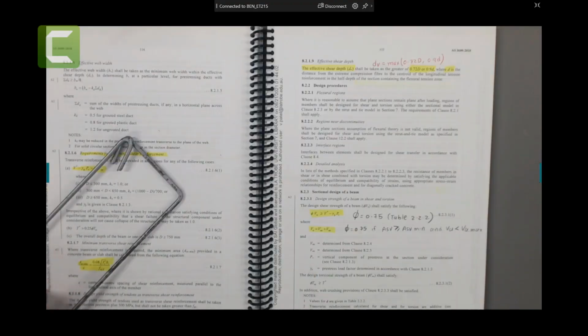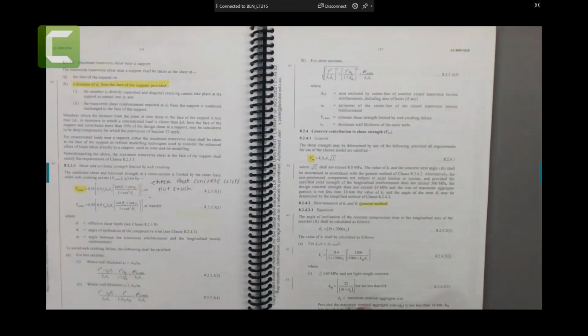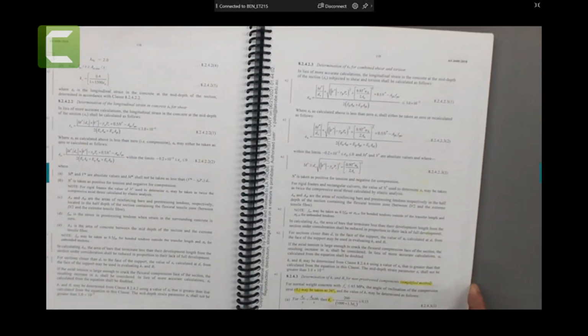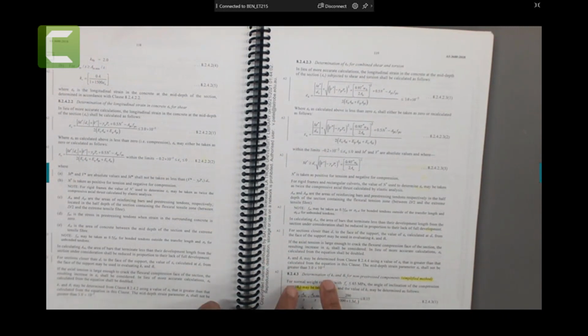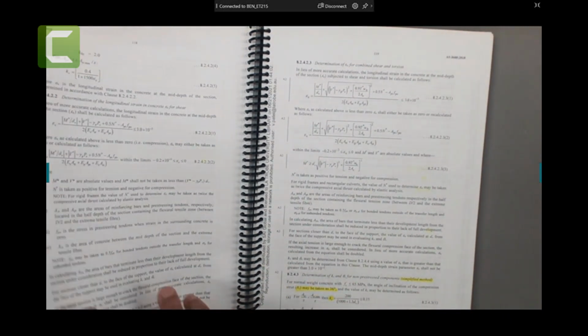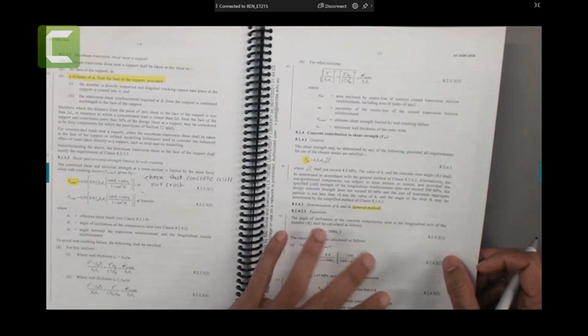Now here, theta v equal to 36 degrees. As I mentioned yesterday, we have two methods to estimate kV and theta v. If you use the simplified method and the general method, there is quite a big difference between them.